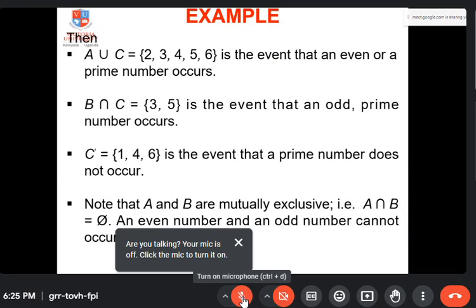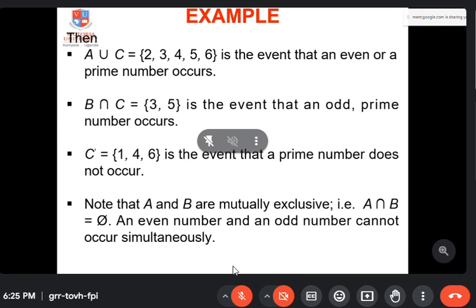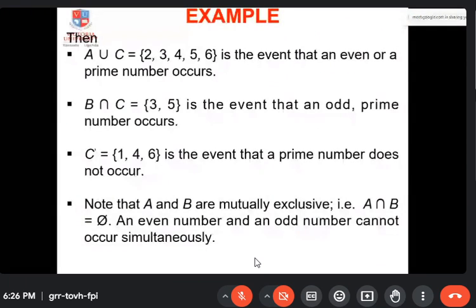So if A is a set of even numbers and B is a set of odd numbers, then it means you don't have elements in common. A number can't be both even and at the same time odd. So it means A and B are mutually exclusive, meaning that A intersection B is an empty set.